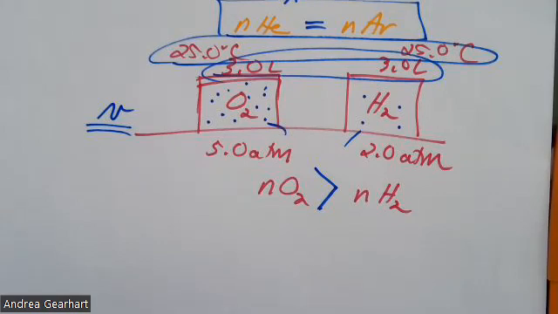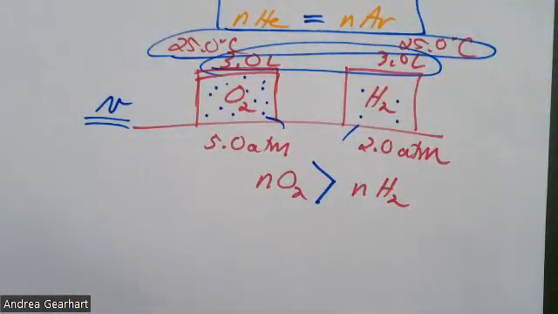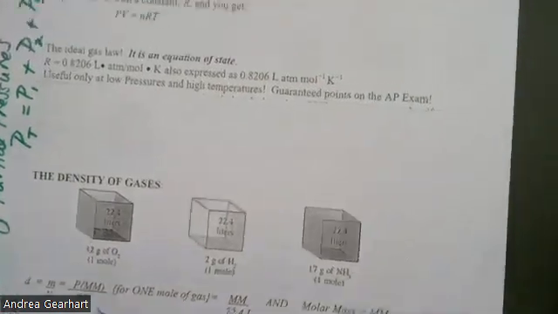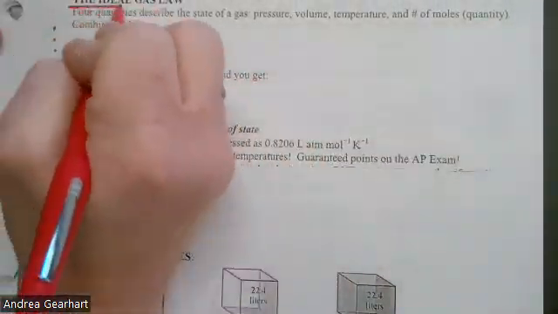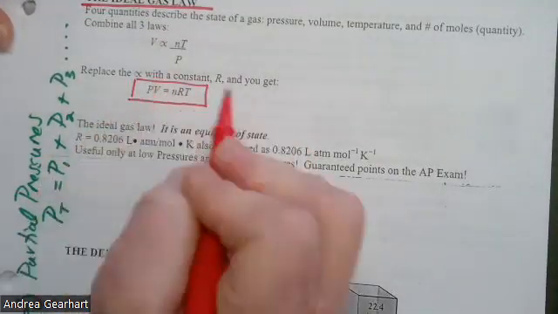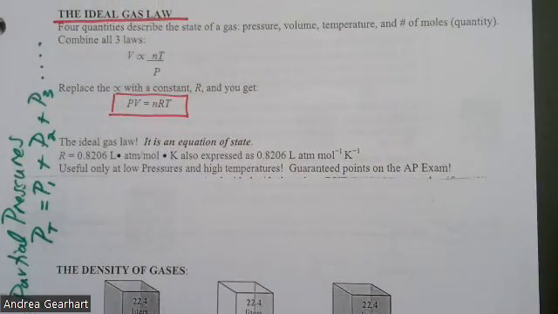Okay, but I'm going to show you something else. Okay, Critton. Do you perchance remember this equation? It's okay. Have you seen this before? PV equals nRT.